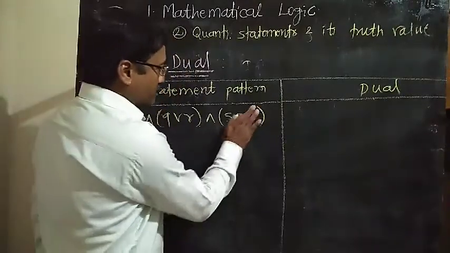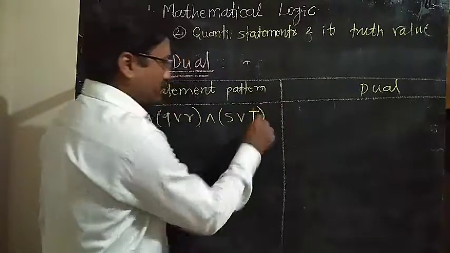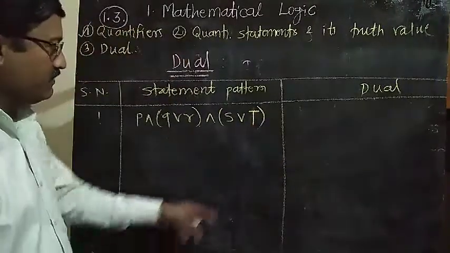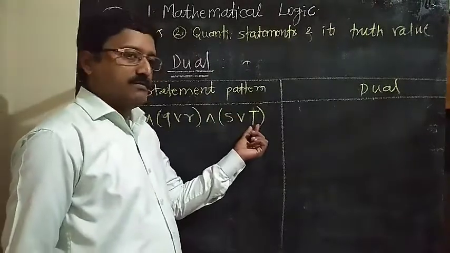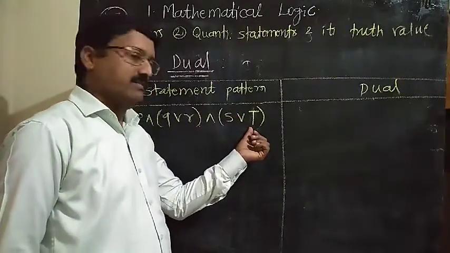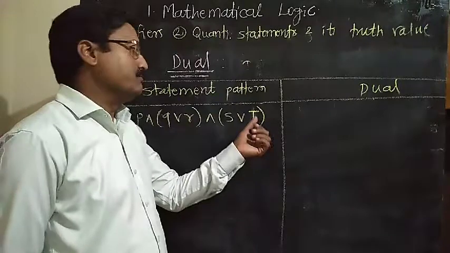Sometimes, instead of small t, they give capital T. Then we can easily identify that it's a tautology. But even though the capital letter is not given and small letter t is given, still we will consider it as a tautology, not as a simple statement.